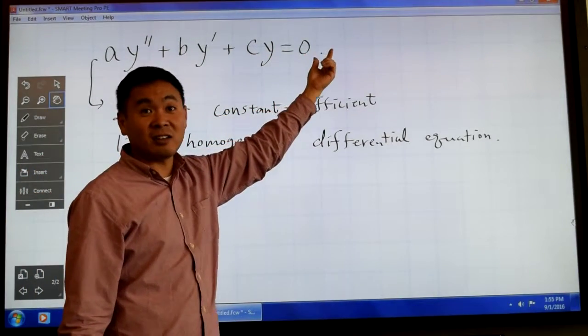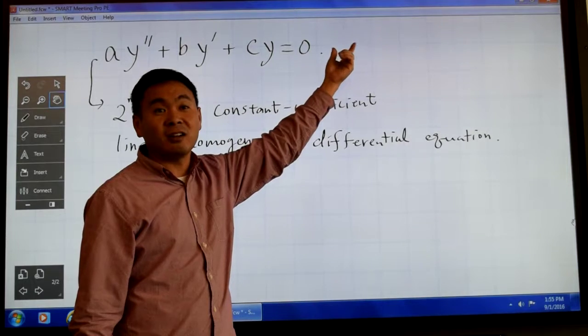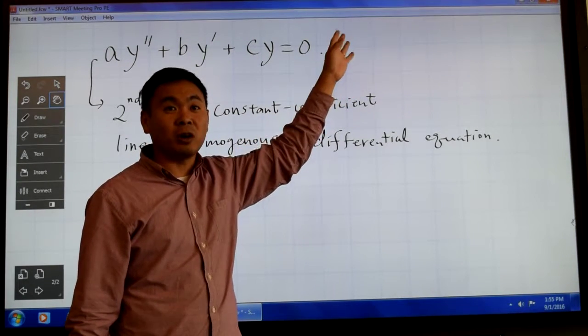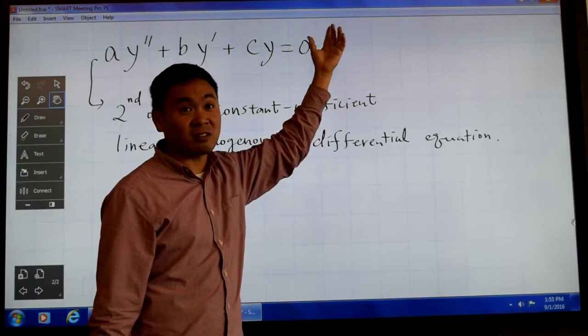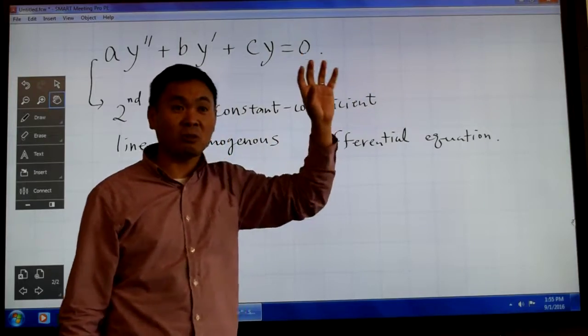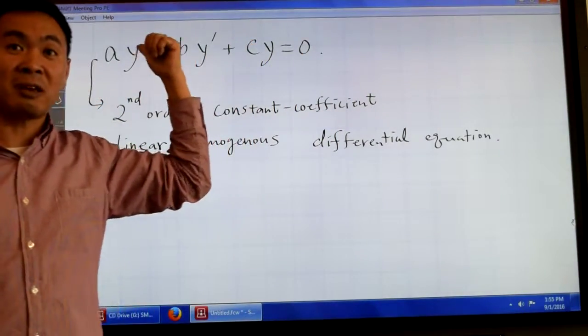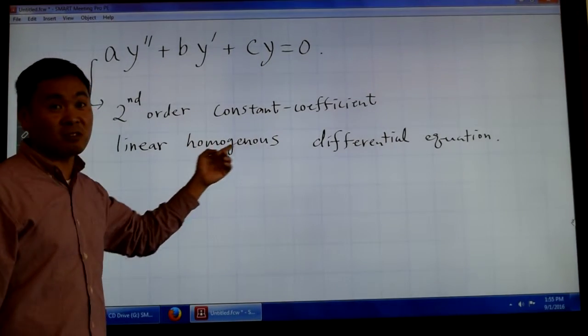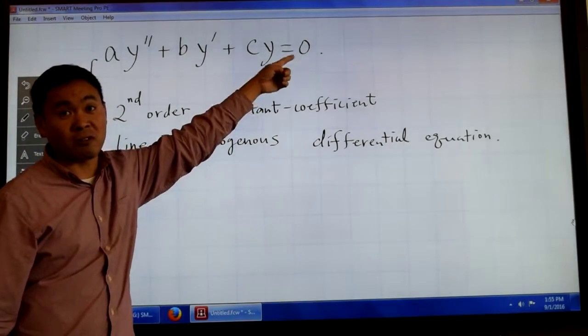On the right side, if you had an x there, because it doesn't have any y in it, you can think of it as some function of x times y to the 0th power. Then suddenly your exponent doesn't agree with the left side, which is exponent 1. That's why you call this homogeneous, having 0 on the right side.